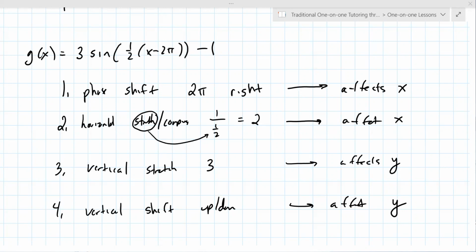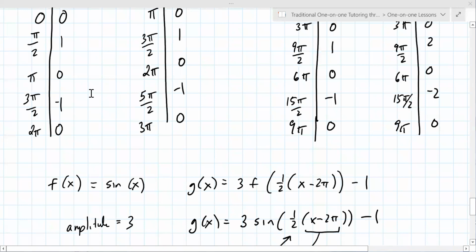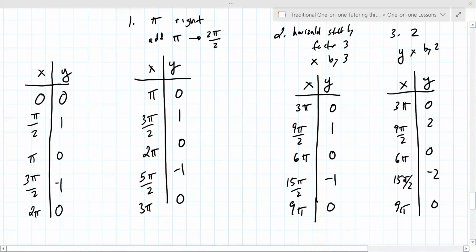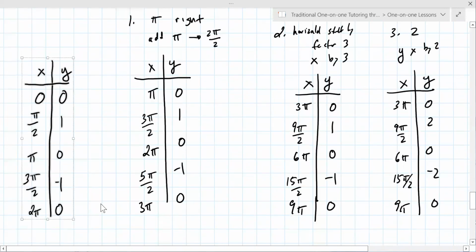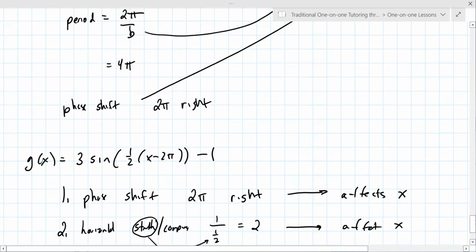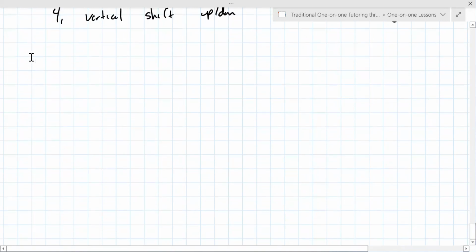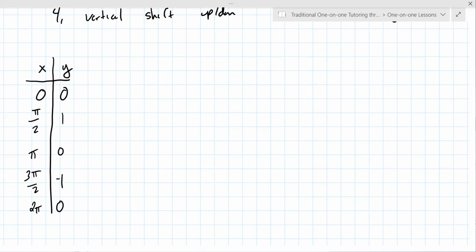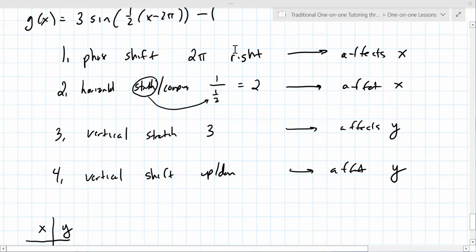So I'm going to go back and just grab the table here to start with. Okay, so if we look at our phase, the first thing is phase shift 2 pi right.